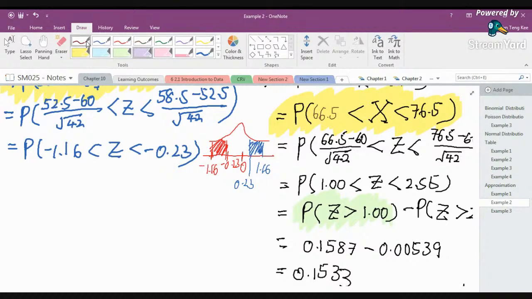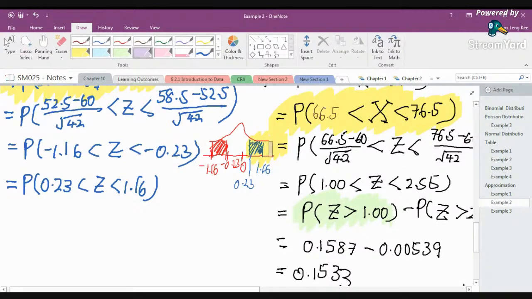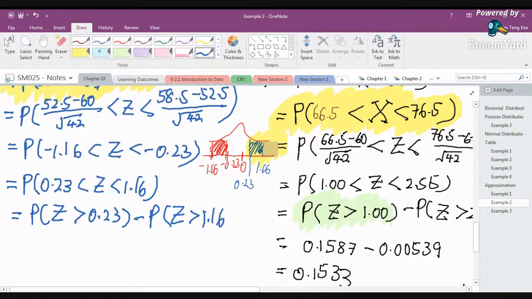The way to calculate this region in blue, denoted as P of 0.23 less than Z less than 1.16, is to consider the part I highlighted in yellow minus the part I highlighted in purple. The part in yellow is the probability Z greater than 0.23, and the one in purple is Z greater than 1.16.